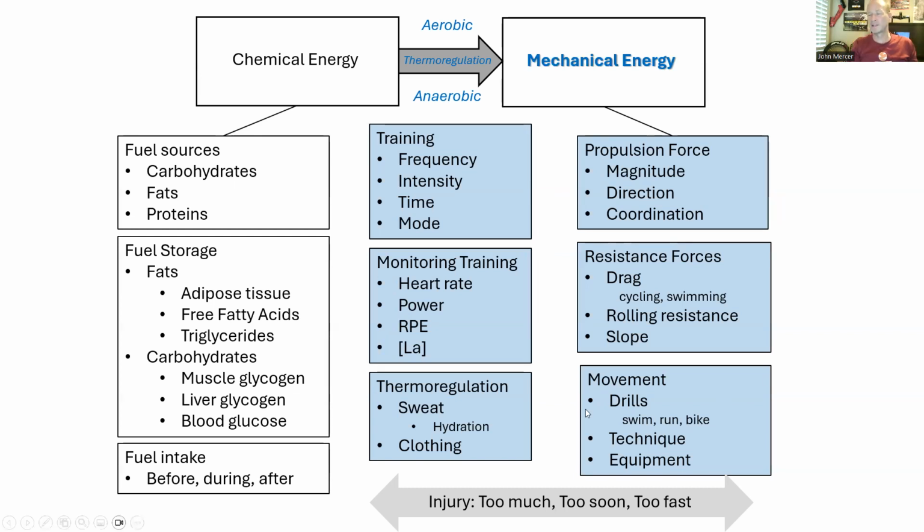Okay, we do always have to be aware of injury. Too much change, too fast, or too soon will ultimately lead to an injury. You don't give the body enough time to recover, and ultimately you end up having some type of injury.